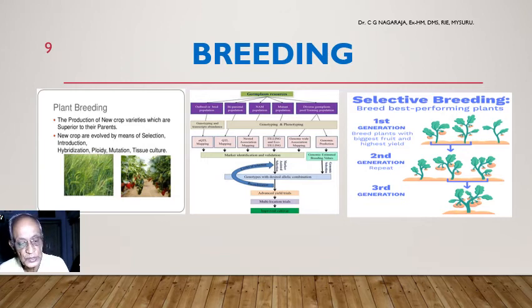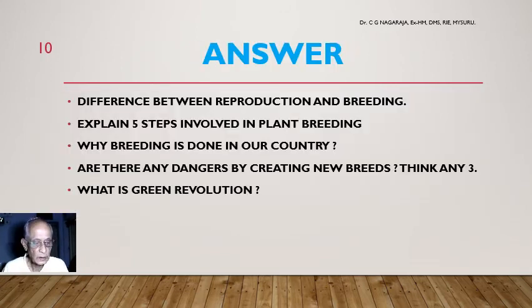That is what these 3 diagrams are indicating. It's only repetition of what I told you right in the beginning. You can study these diagrams slowly. I think that would be enough to understand that breeding is a process where selection goes on several times, and finally they get the pure line.